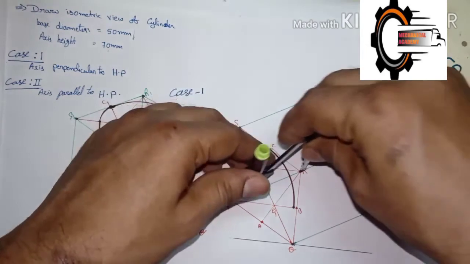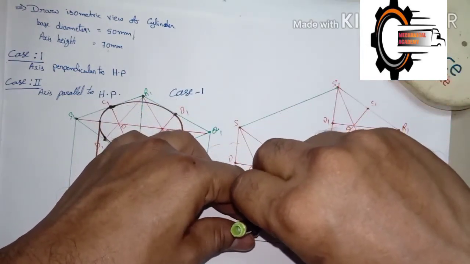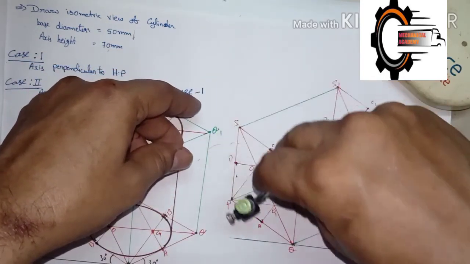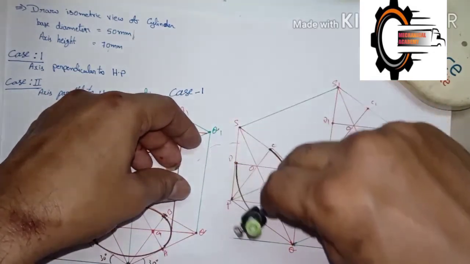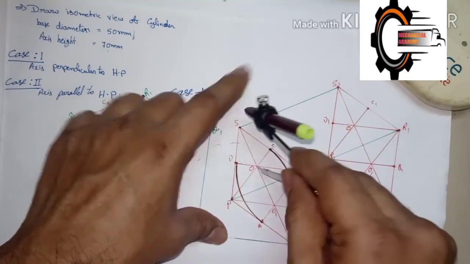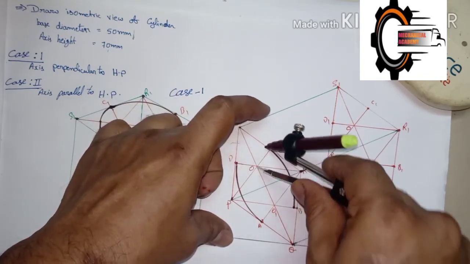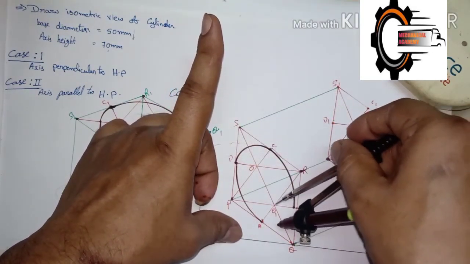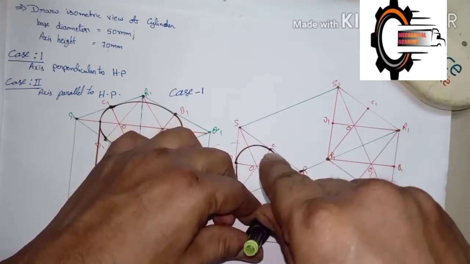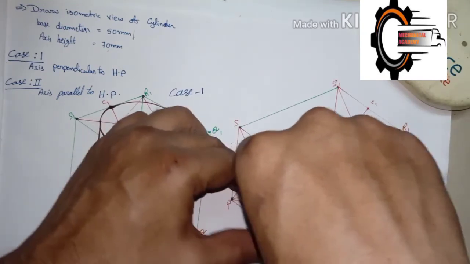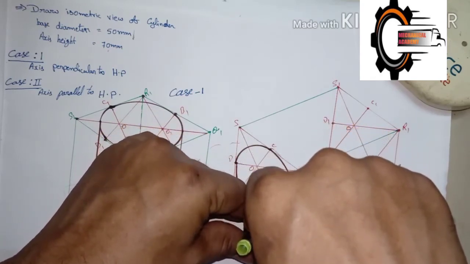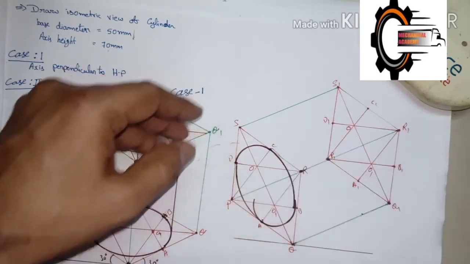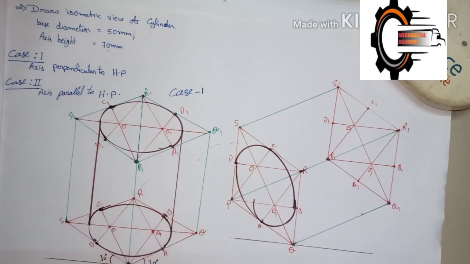Now from R to A, draw another arc. Similarly from O to C, draw an arc, and from O1 to A. So this is the one side.